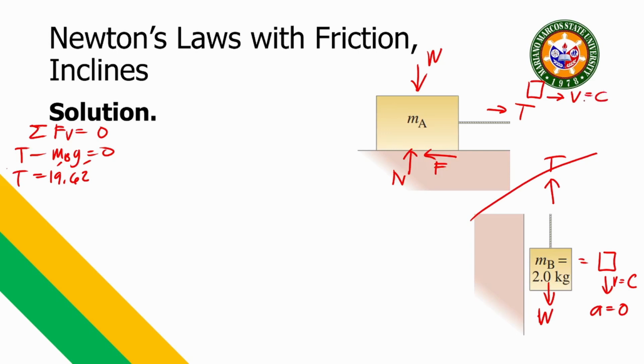So, di natin alam kung anong velocity yan. Basta constant siya. So, kung constant yung velocity, wala siyang change in velocity with respect to time. Kung walang change in velocity with respect to time, yung acceleration will be equal to 0. Kasi ang acceleration is change in velocity with respect to time. So, ayun.